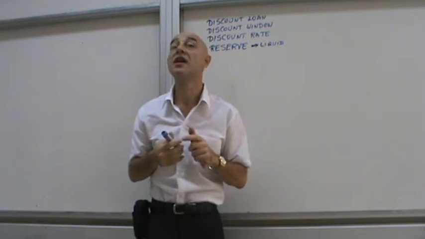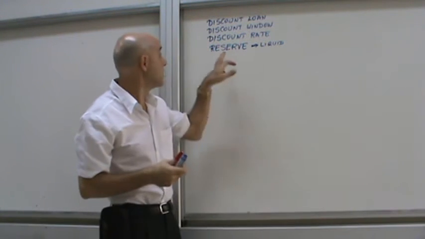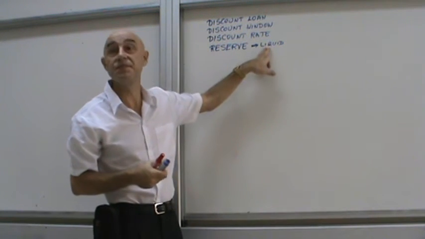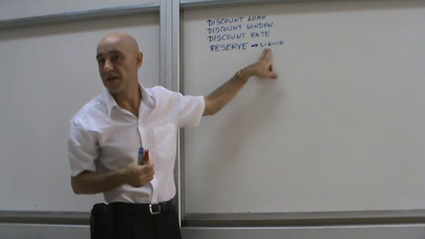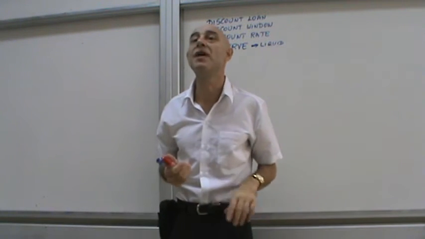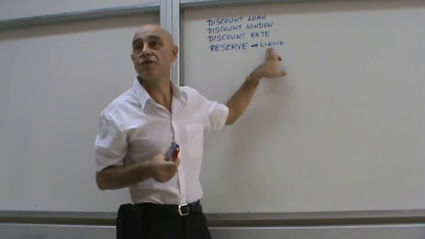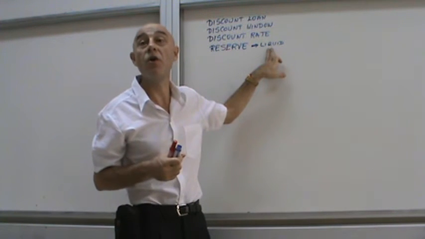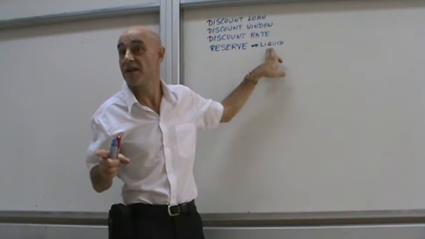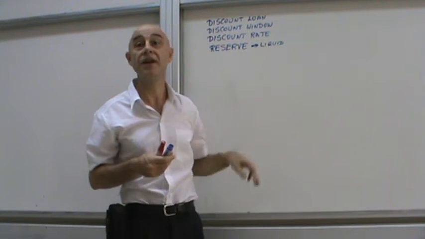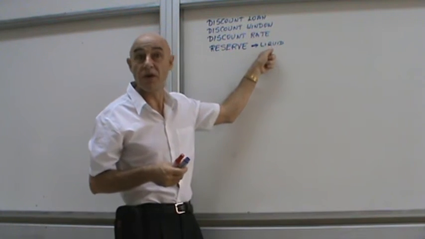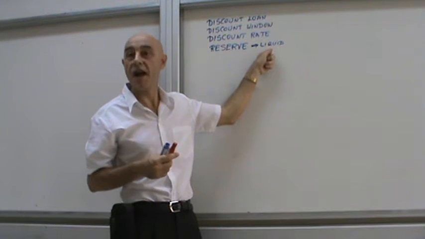Very liquid. So the reserve is an asset, so it must be a liquid asset. And now, just in case somebody didn't understand or learn, the most liquid of all assets is cash.